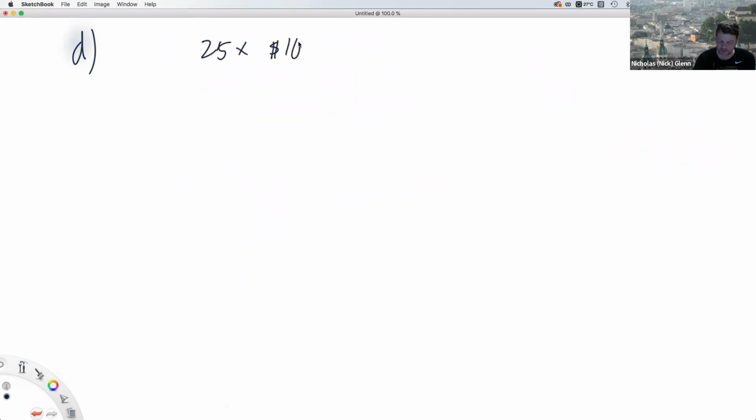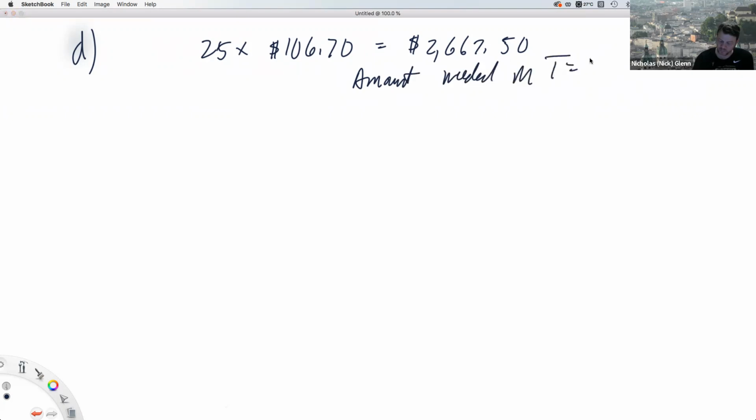Well, they were each promised $106.70. So multiply that by 25. This will give you a total of $2,670.50. This is the amount that's needed in time period 2 for these patient depositors to get what they were promised.